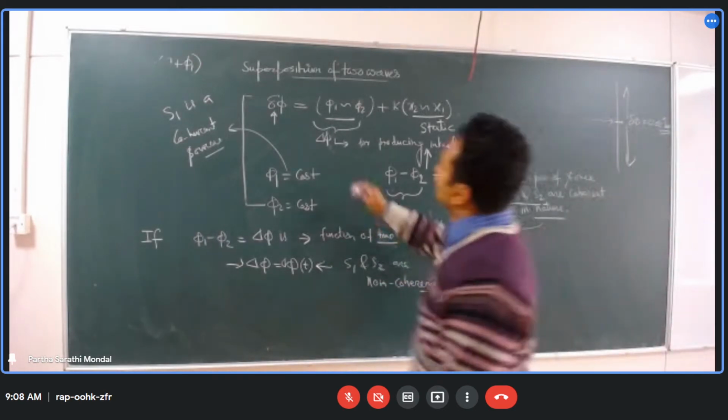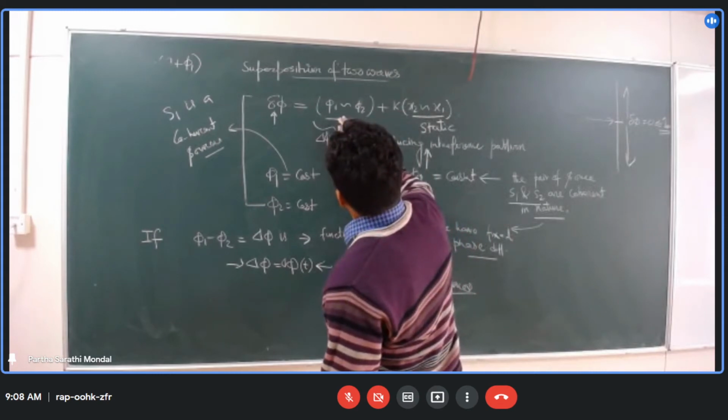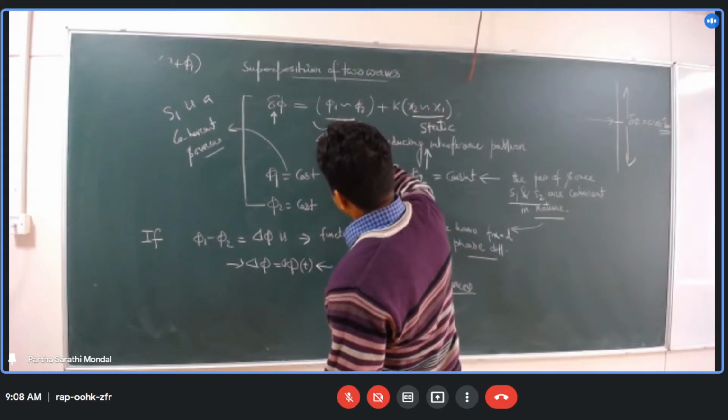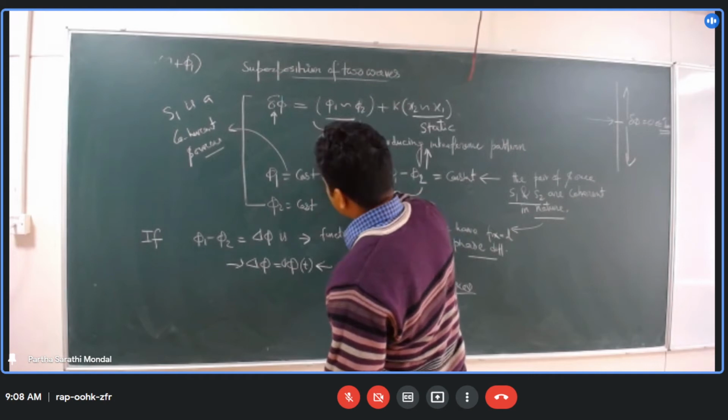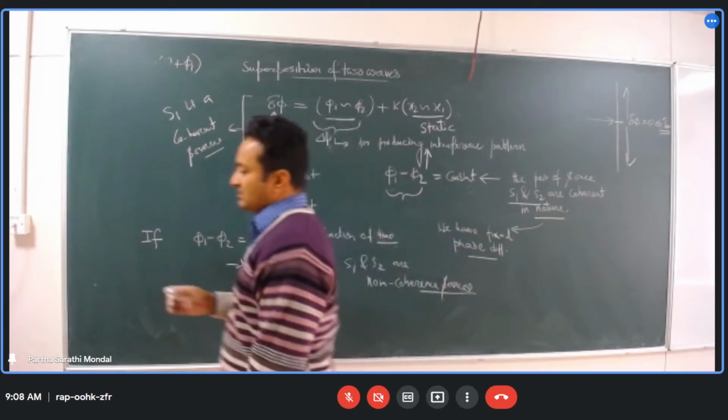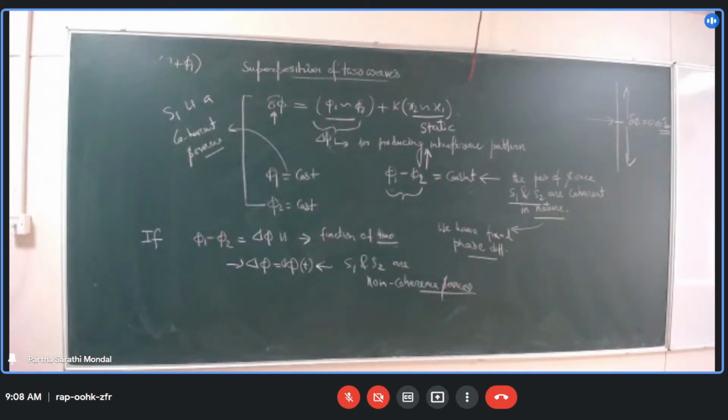So if it is a function of time, then the pattern which is produced over the screen will not be static, it will become dynamic. If it is dynamic, then to calculate the total intensity at a particular point, you have to take a time average.